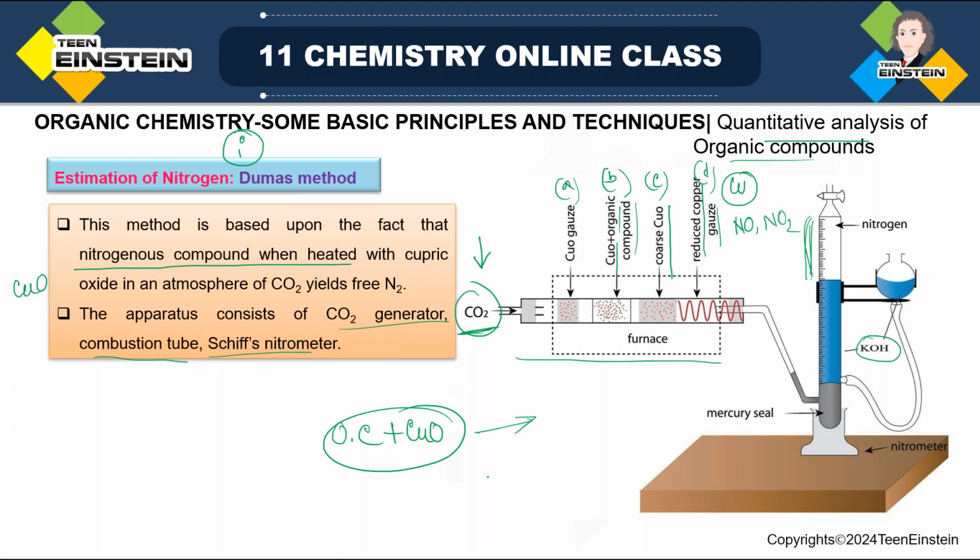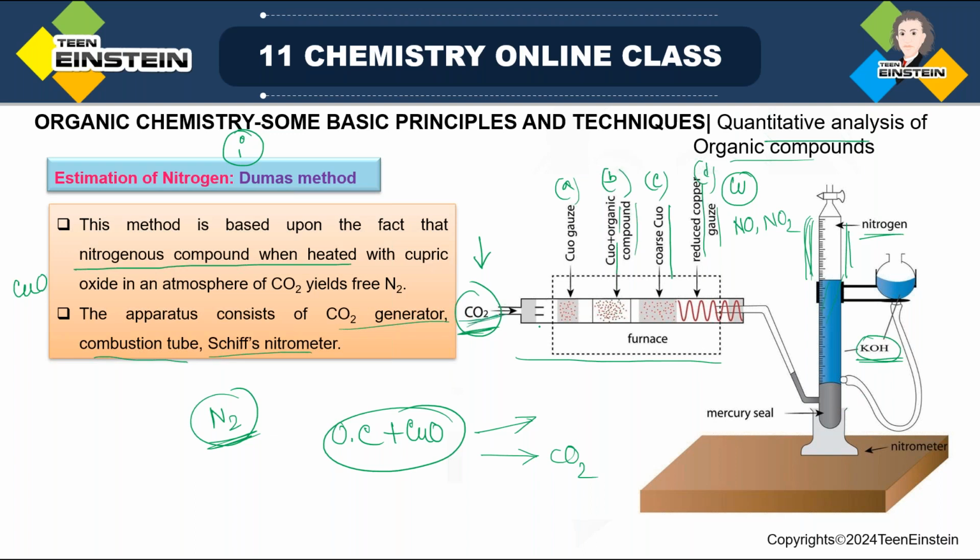Not just oxides of nitrogen, there will also be formation of CO2, and the atmosphere is also CO2. But CO2 we will not measure. Our focus is to measure only the nitrogen element present in the compound, which will ultimately be converted to diatomic gas. In this part there will be only nitrogen, and this KOH will help us to absorb the excess CO2 that is present.